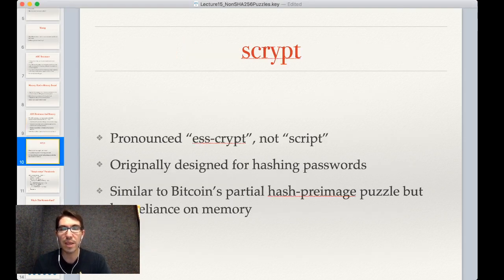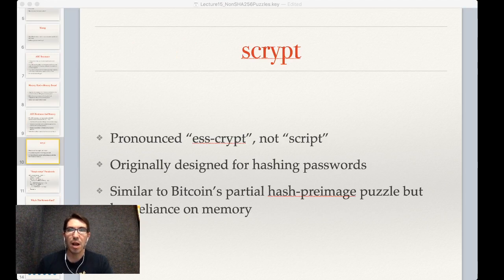One of the first altcoins, Litecoin, actually uses this algorithm. It's called scrypt. I always want to say "script" when I look at it, but it's actually pronounced scrypt. This was originally designed for hashing passwords, so it was not made specifically for Litecoin, but rather it was repurposed to be used as the Litecoin hashing algorithm.